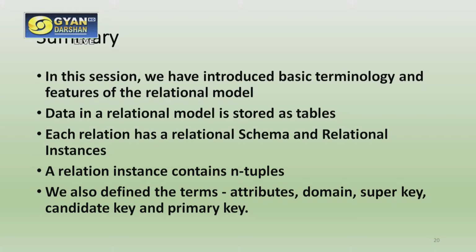The relational schema defines the schemata, and the relational instance defines the values associated with it. Each relation instance contains tuples, and in addition we have defined various terms associated with relational database systems, like attributes, super key, candidate key and primary key.